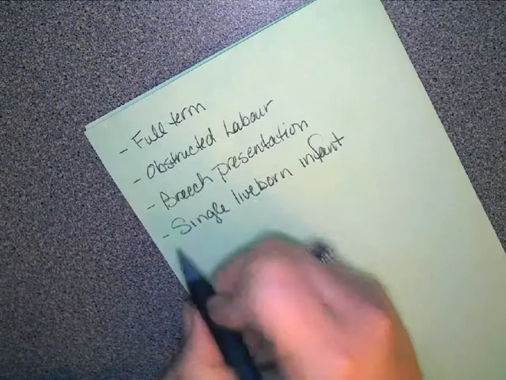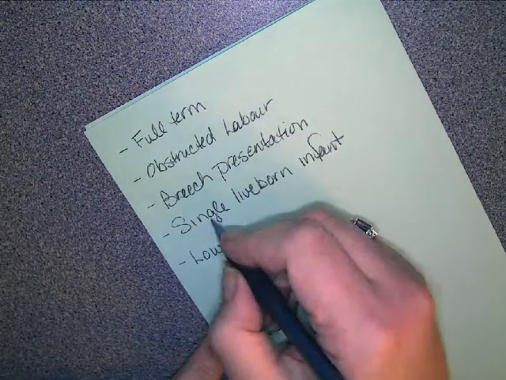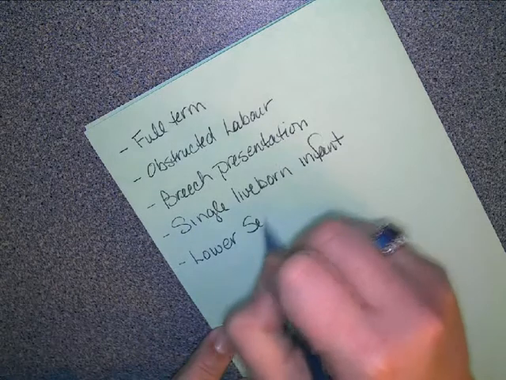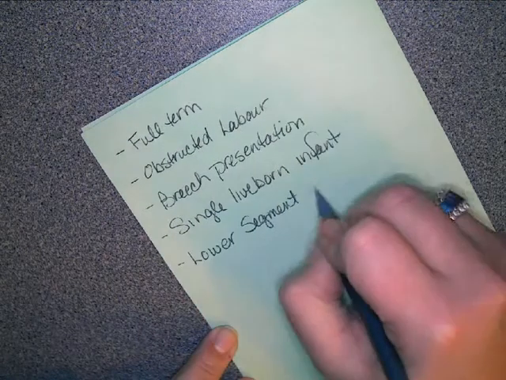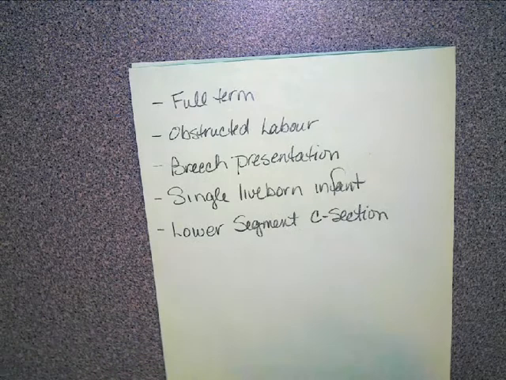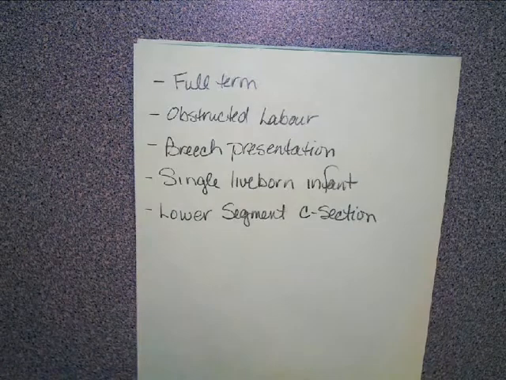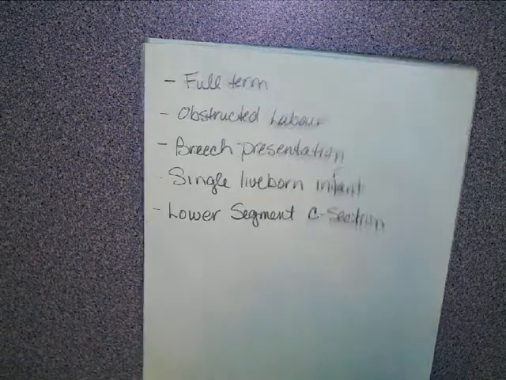And then her procedure is that she has a lower segment C-section. Okay? So, do we have everything? Yeah, we do. We just don't have the patient at the, is, with, all of that. We have just broken it down to the very base, the very root of what we're looking for. Okay? So let's get our book out and start hunting these down.